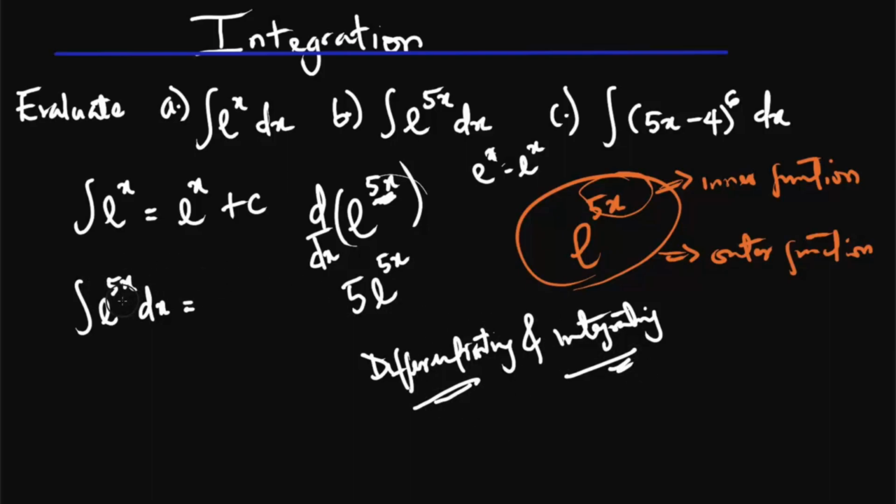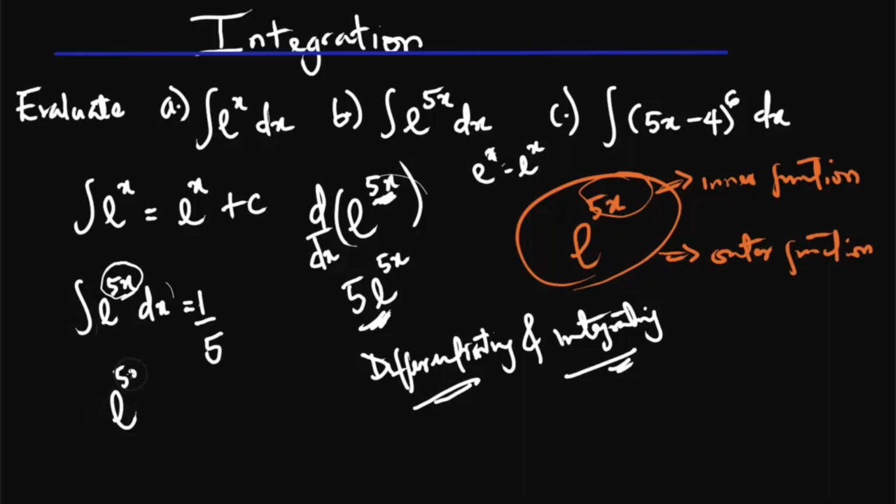So we're going to differentiate the inner function, which is 5x, and the difference here now is that in integration we are dividing, in differentiation we are multiplying. We multiplied 5 by the outer function after differentiating it. In this case we're going to divide, so I'm going to write this as 1/5. And then we integrate the outer function as a single function.